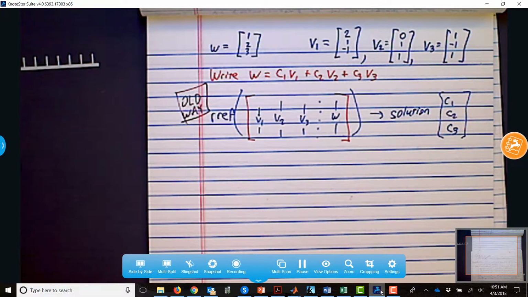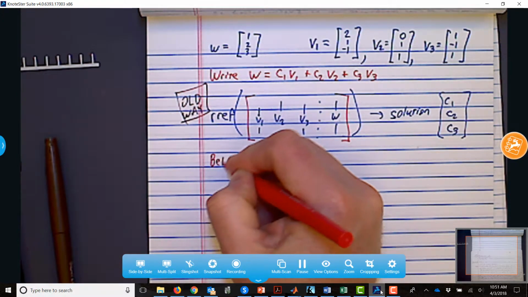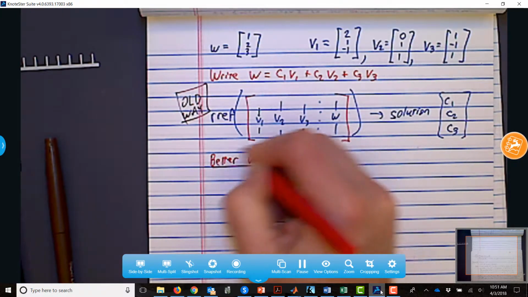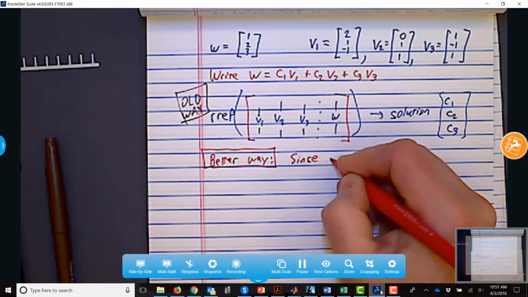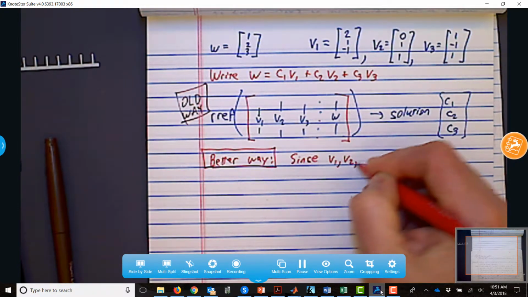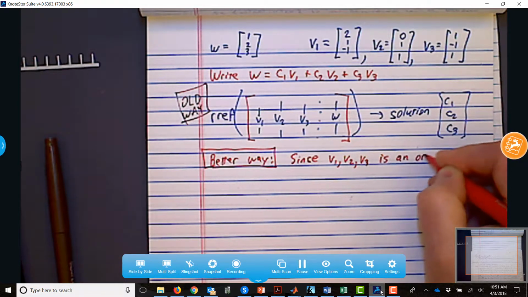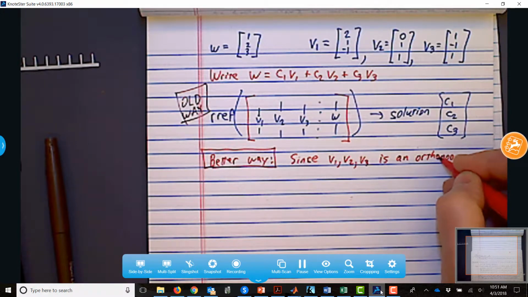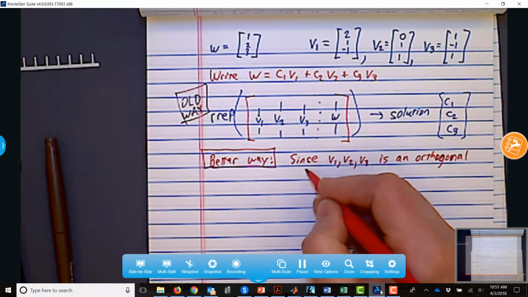That's the old way. The better way is this. Since V1, V2, and V3 is an orthogonal basis, actually, do we know that?